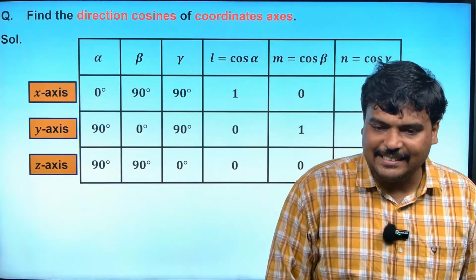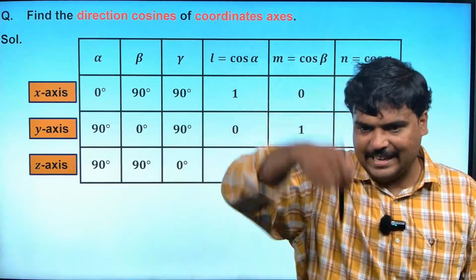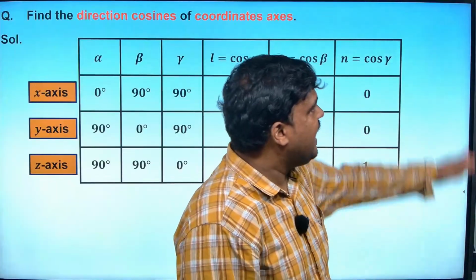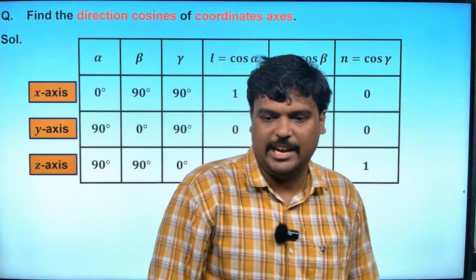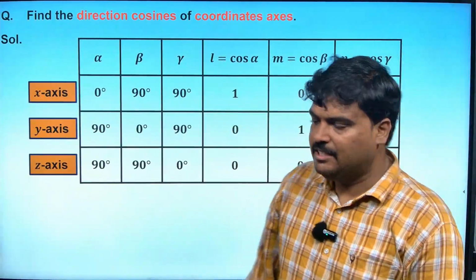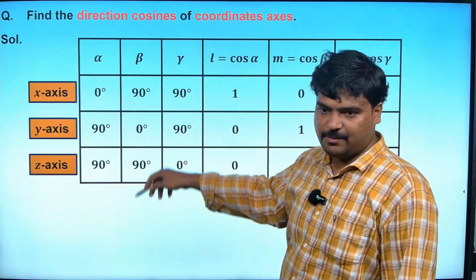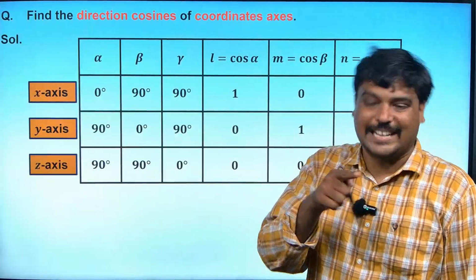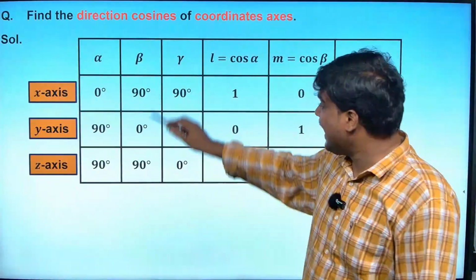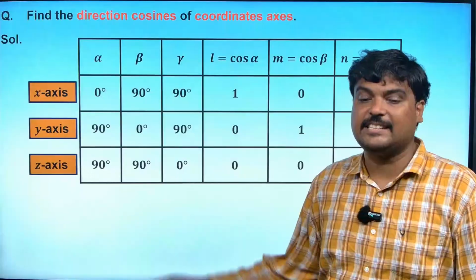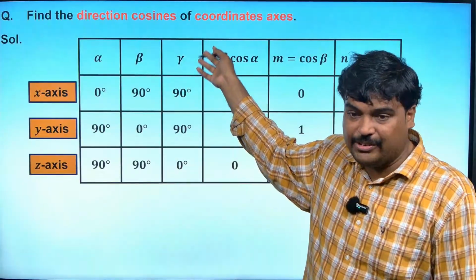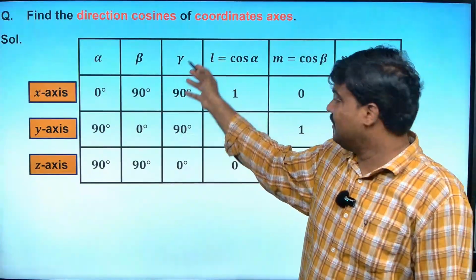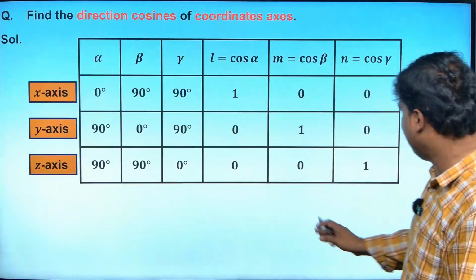An axis is a line. The corner of your house is a line where two planes join. We are seeing how that line behaves. The x axis makes 0 degrees with the x axis, but it makes 90 degrees to the y axis and 90 degrees to the z axis. So that's why it comes like that. I hope you understand this, right?